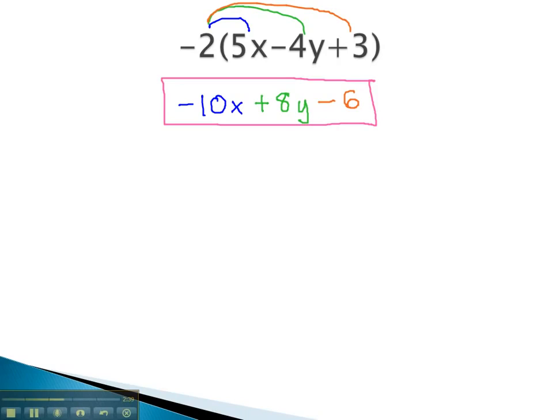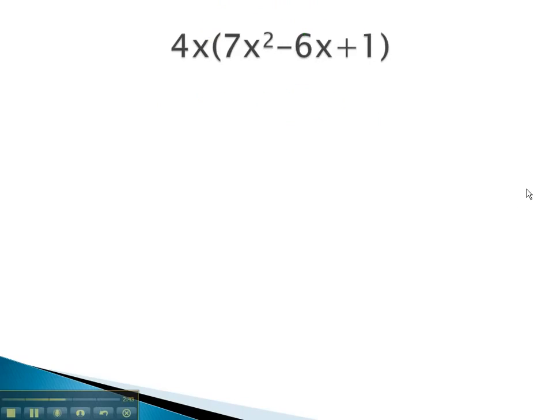Let's also do an example that's got more than just a number in front of the parentheses. Here, we have a 4x in front of the parentheses. Again, to multiply it through, we can multiply it by each term in the parentheses.